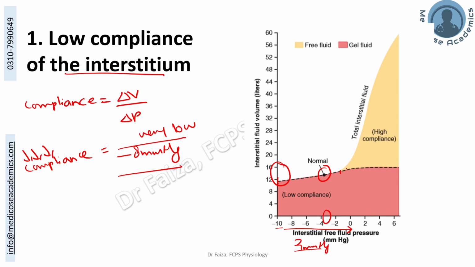There is almost no change in the volume of the interstitium. But after that, in the positive range, even a small change in the pressure is going to produce a large change in the volume, which will result in high compliance and not provide the safety factor against the edema formation.